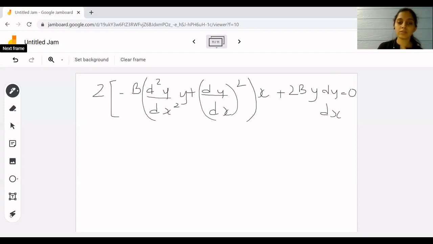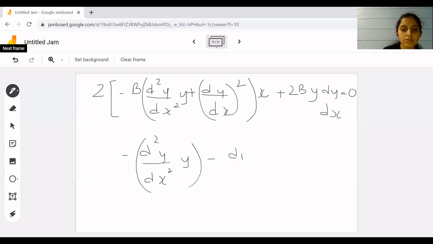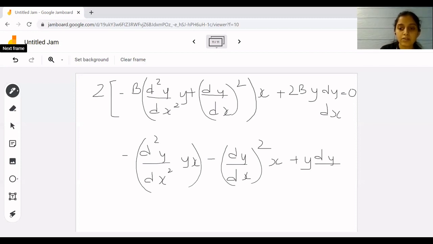You can take 2b common. Okay, so we have minus d2y by dx square into y minus dy by dx the whole square into x plus y dy by dx equal to 0.